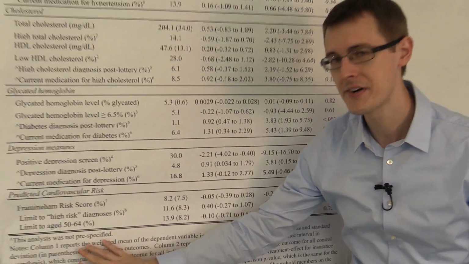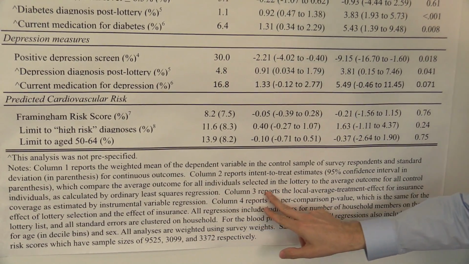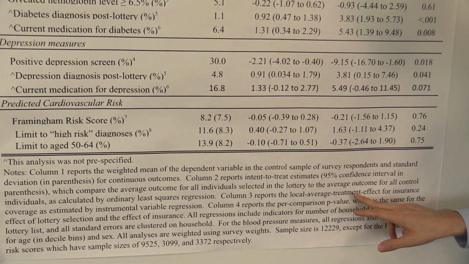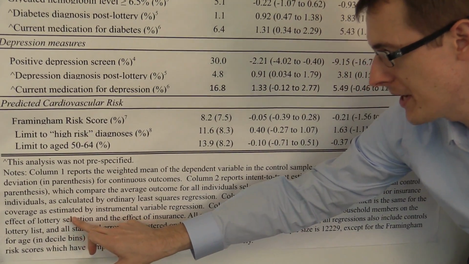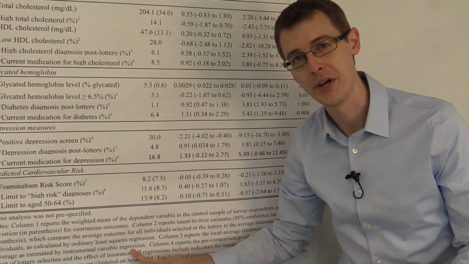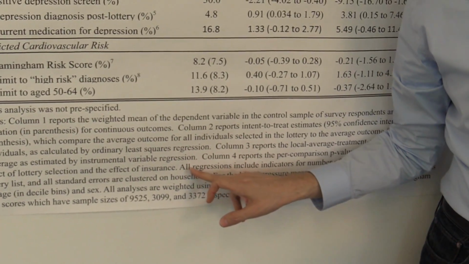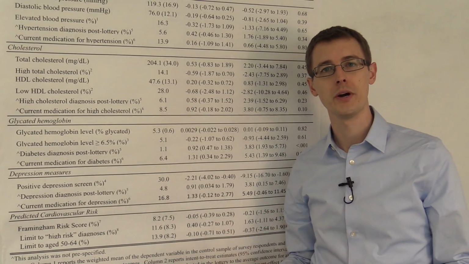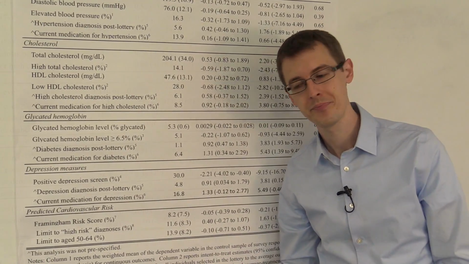Well, if we look down here in the footnotes, we can see column 3 reports the local average treatment effect for insurance coverage as estimated by instrumental variable regression. Say 2 points. First, estimated by instrumental variable regression. That's a little vague, but what they mean is they're doing two-stage least squares, and they make it clear in the body text of the paper that that's what they're doing.